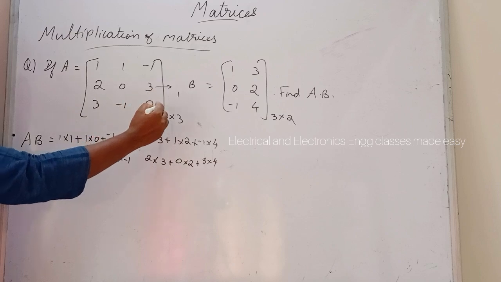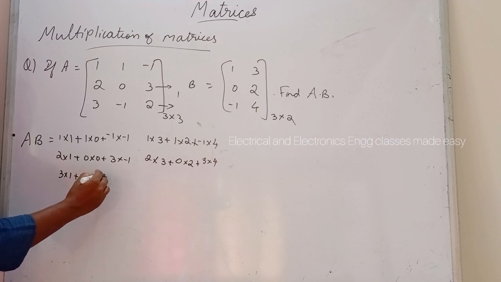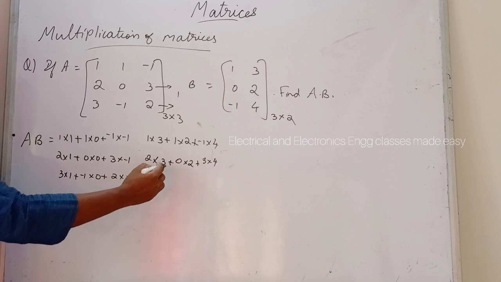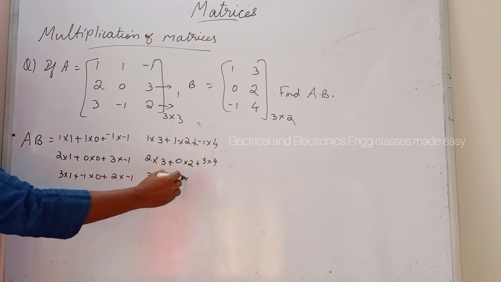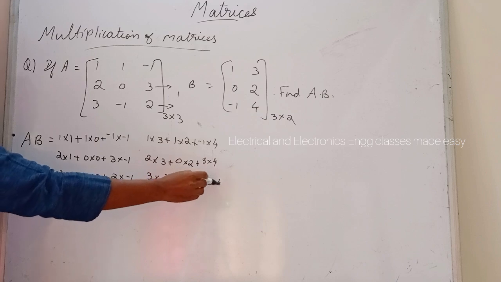Next is this third row. So 3 into 1 plus minus 1 into 0 plus 2 into minus 1. Again 3 into 3 plus minus 1 into 2 plus 2 into 4.